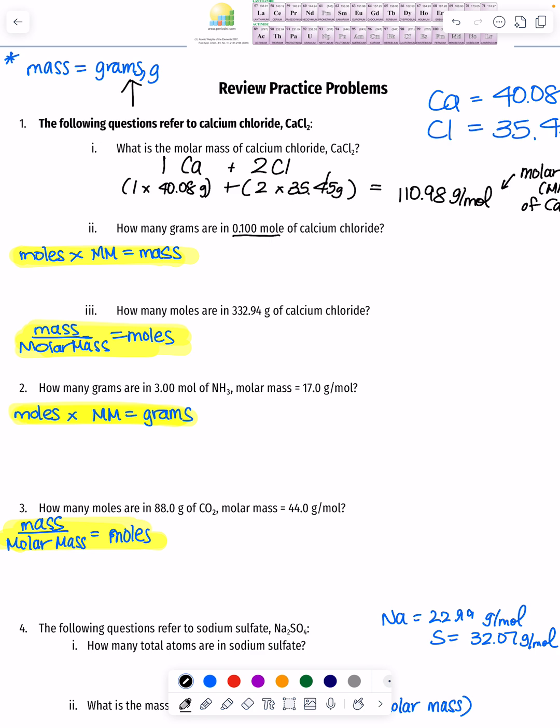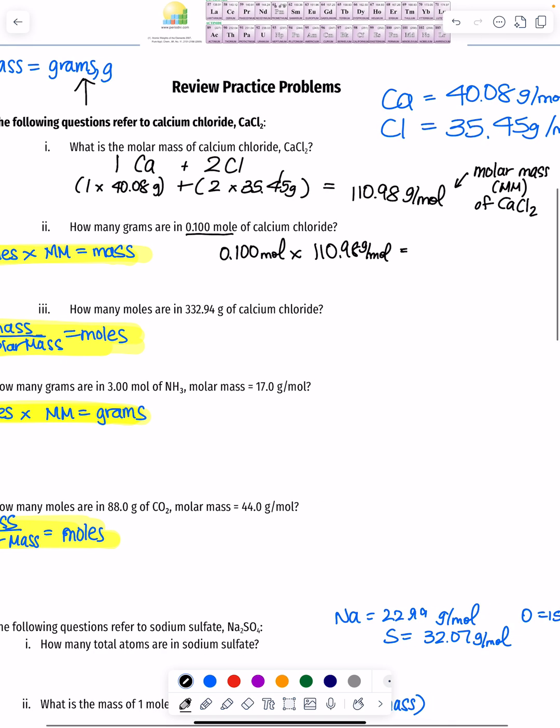So it says how many grams, I'm asking for mass. So let's do this math now. I'll do 0.100 mole times the molar mass, 110.98 gram per mole. If I do this calculation, I will get 11.10 grams of CaCl₂. And there are my two answers there.